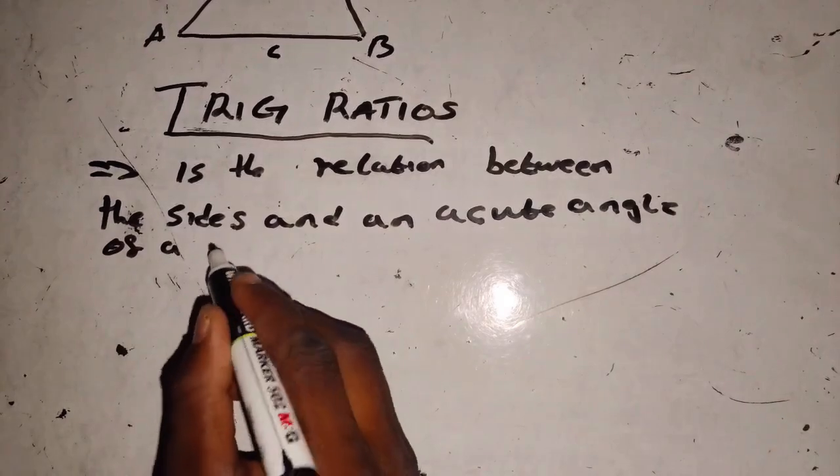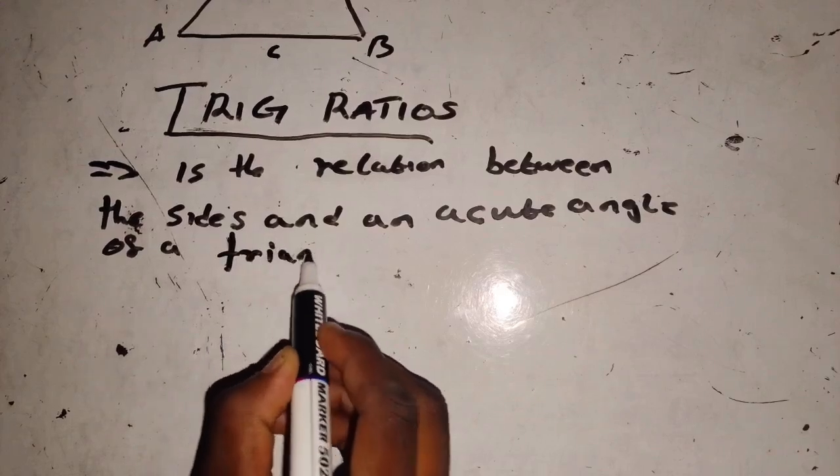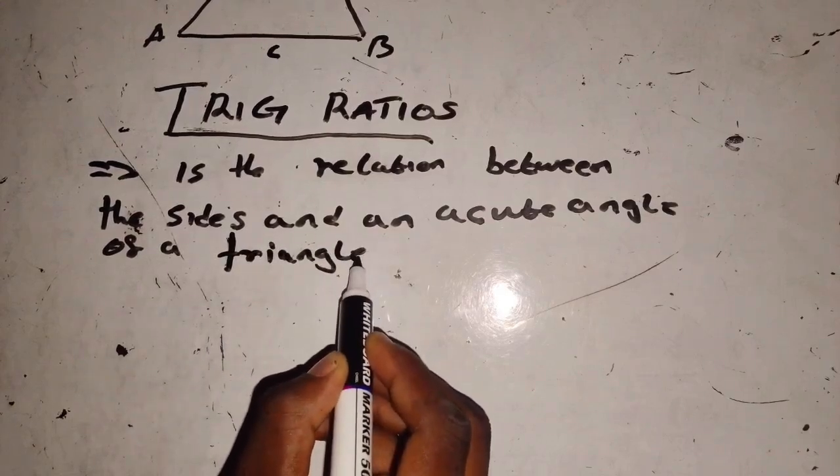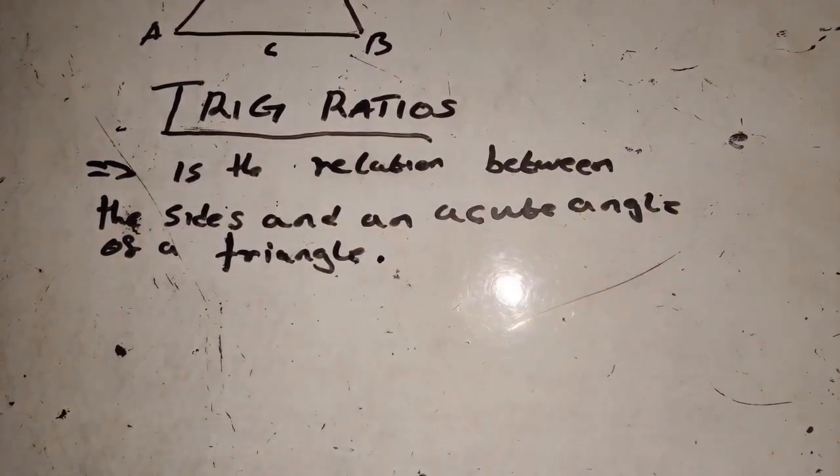Remember, we're dealing with triangles. So the relation between the sides and an acute angle is called trig ratios.